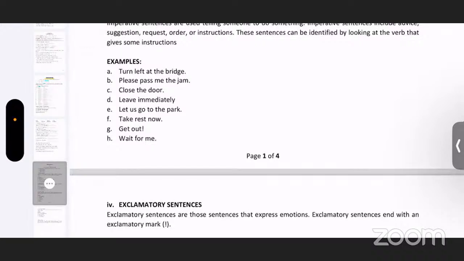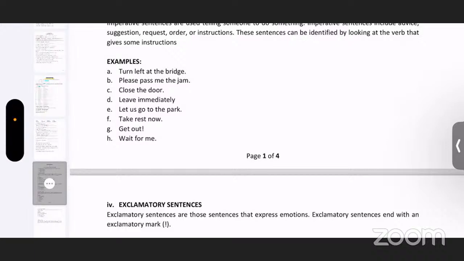If we say, turn left at the bridge, you have been given an instruction. Please pass me the jam. Here you are being requested because there's the word please. Close the door. You are ordered to close the door. It depends upon the way the statements are said and uttered that we make meaning out of them.